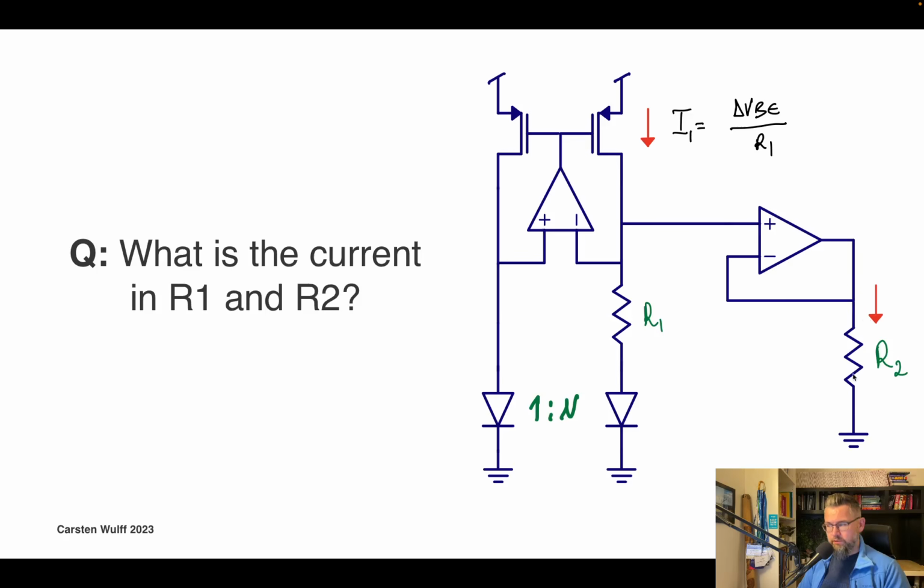But the voltage across the other resistor is different, because that's the diode voltage from the first diode, copied to this side and then copied all the way over here. And that decreases with temperature. So the voltage across this resistor decreases with temperature, so we have a current that decreases with temperature. Now, if we could sum these two currents somehow, then maybe we could make a current that is stable across temperature.